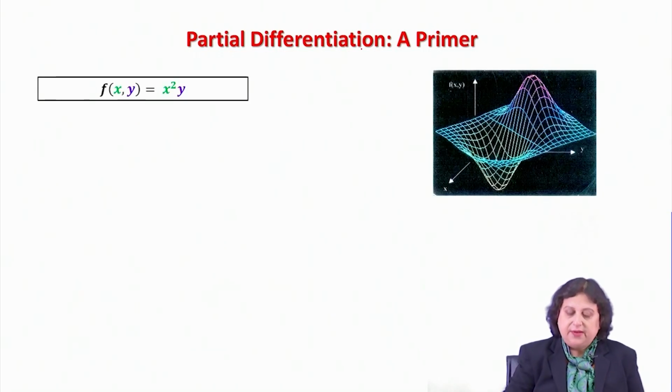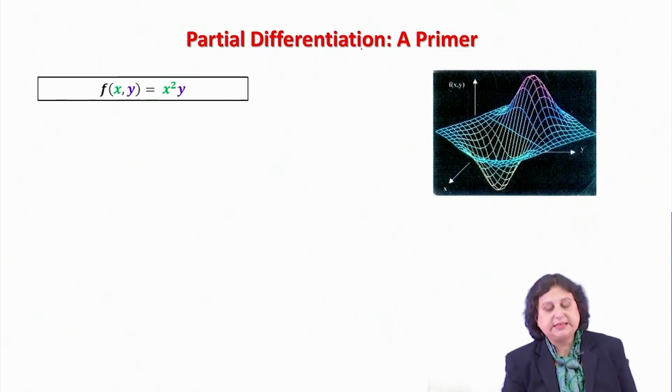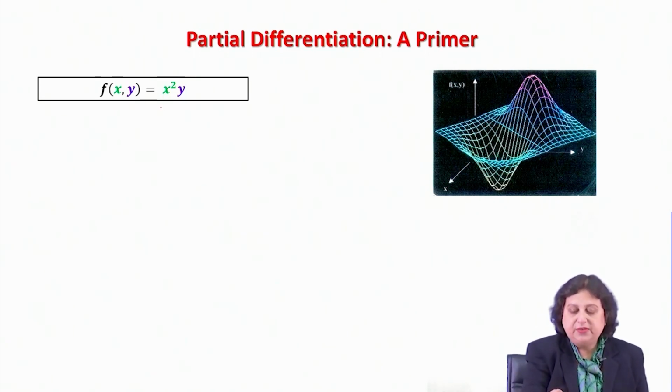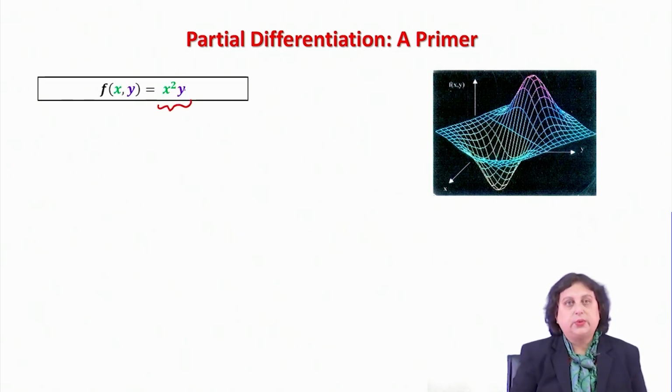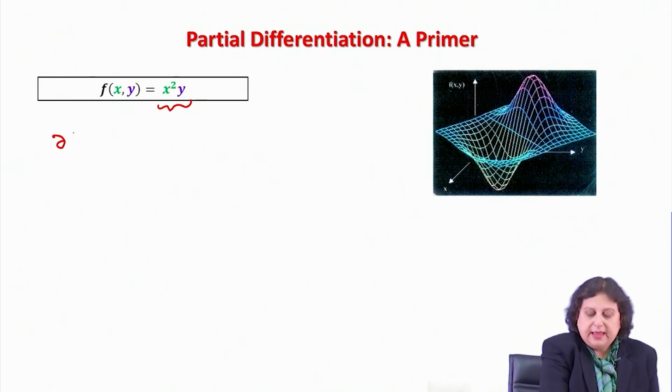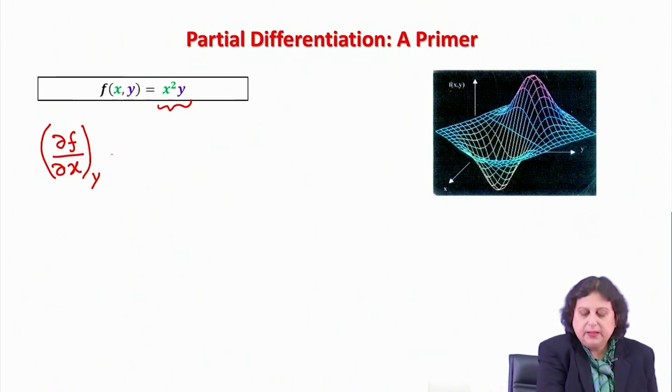Now let me take one example over here. This is a function of two variables x and y, and its analytical form is given by x squared into y. So let us now work out what is del f del x keeping y constant.